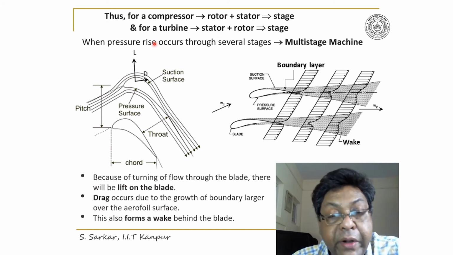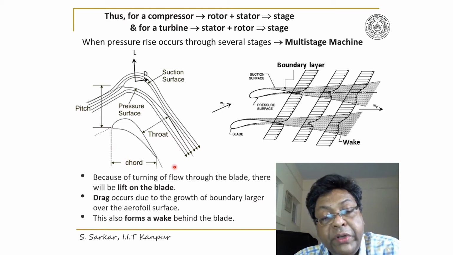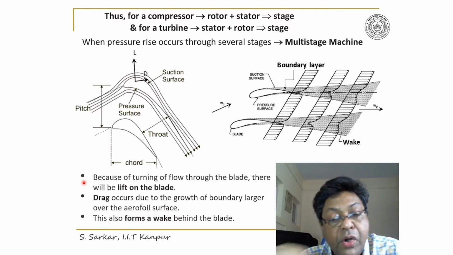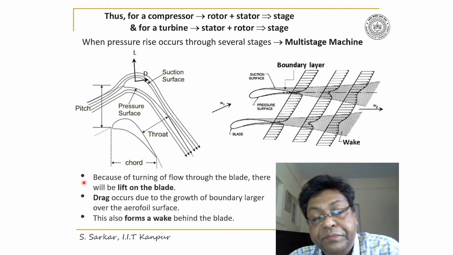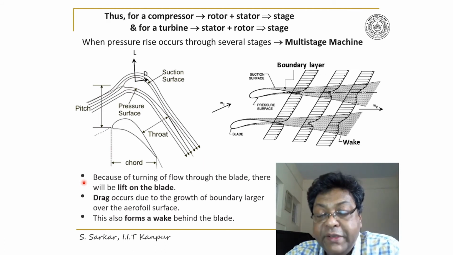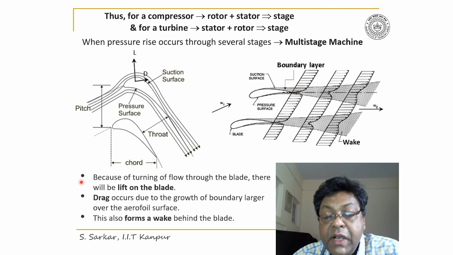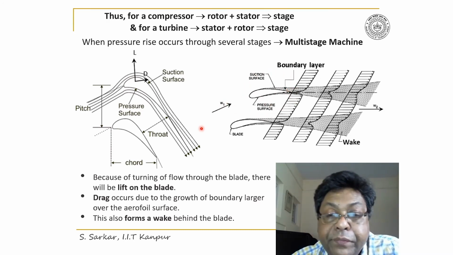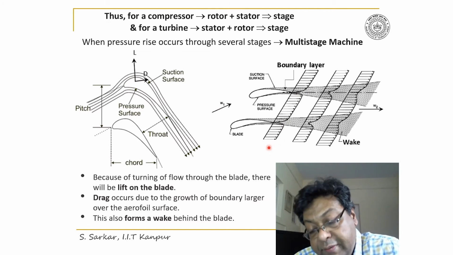Now I have explained here how lift is developed on the blade surface, and I have written here just to remind you, because of turning of flow through the blade, there will be lift. Furthermore, for viscous flow, the boundary layer would develop on the blade surface, and because of this formation of boundary layer, a wake will be developed behind the blade.